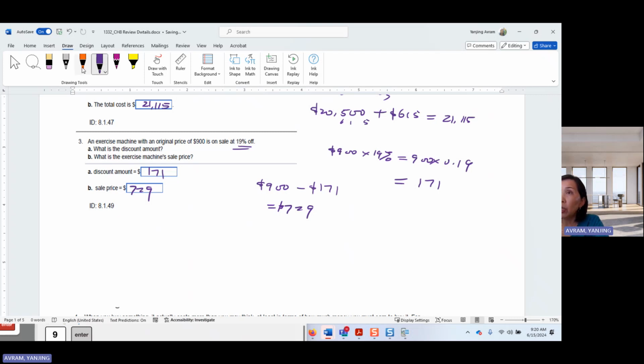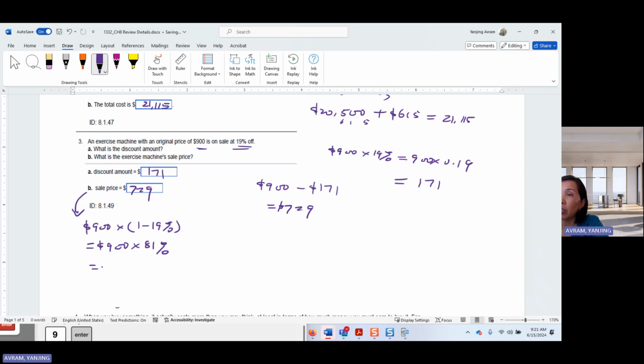Another way to do this one here is I can just use 900 times 1 minus 19%. That would be my sales price directly from B, right? So basically, instead of paying 100% of 900, I will just pay 81%.